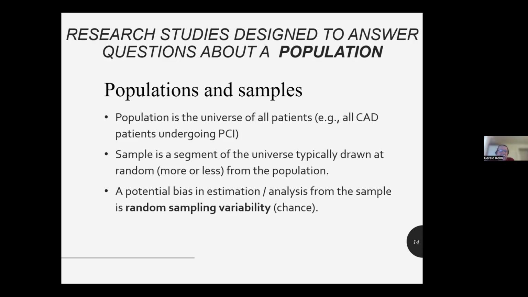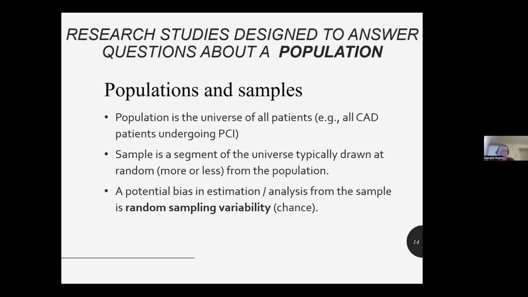But regardless of the type of study that we have, whether it's a randomized trial, a cohort study, or a case control study, the one thing that we can't really control is bias in estimation or the analysis from the sample.